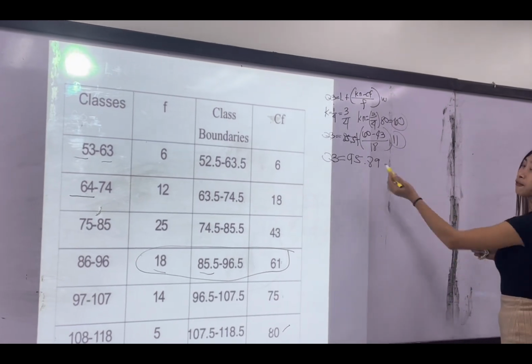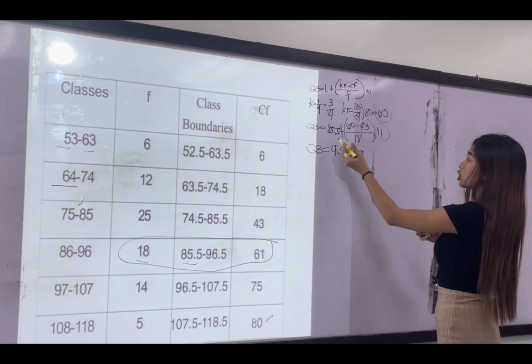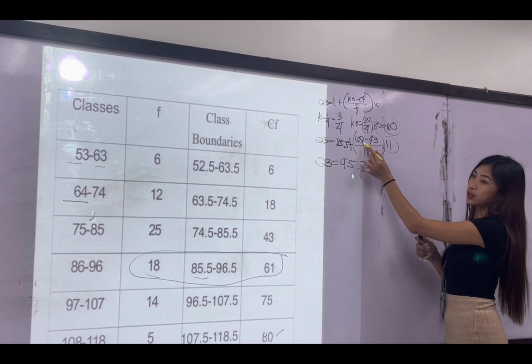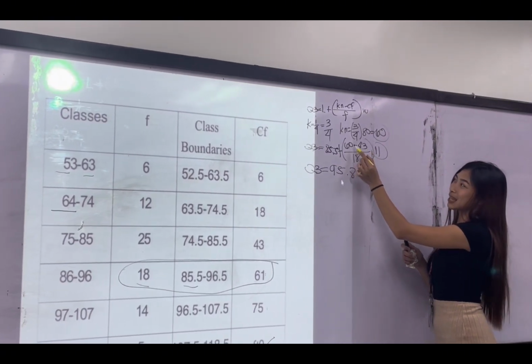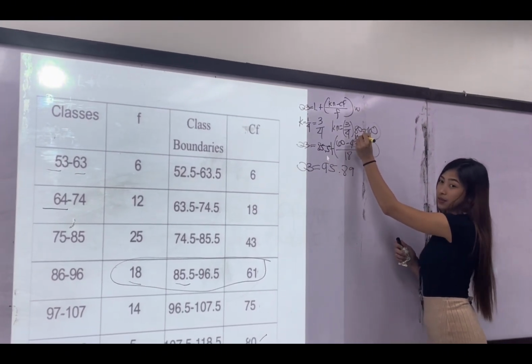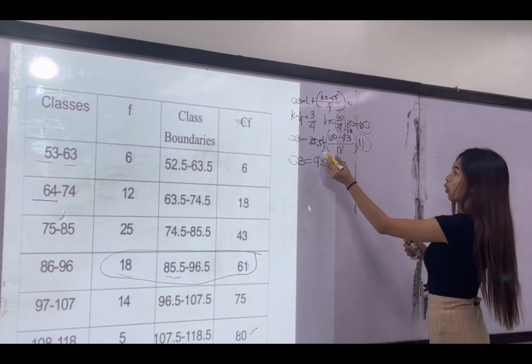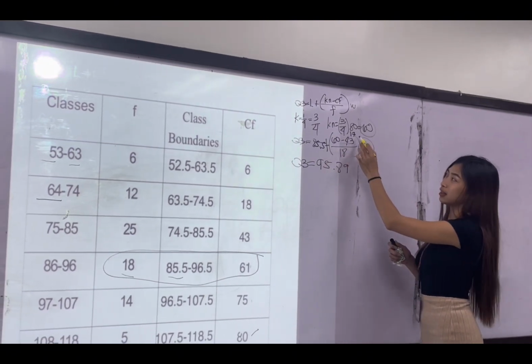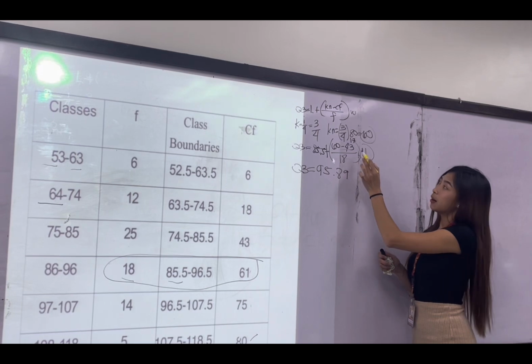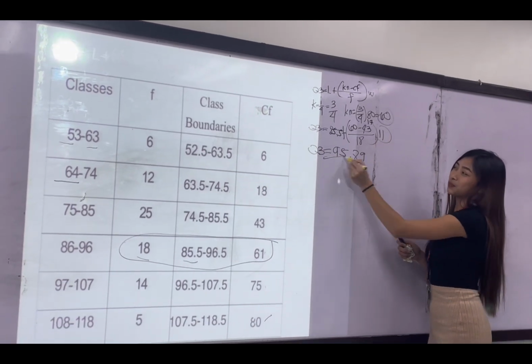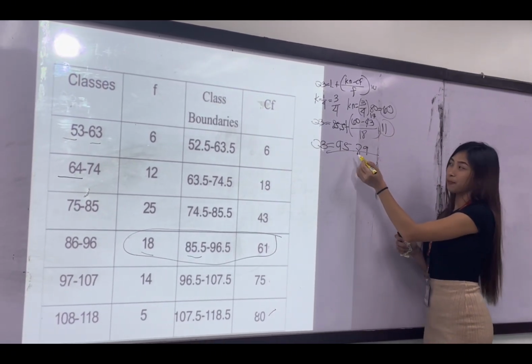To get this, first subtract 60 minus 43, which is 17. So 85.5 plus 17 divided by 18 multiplied by 11. So quartile 3 is 95.89.